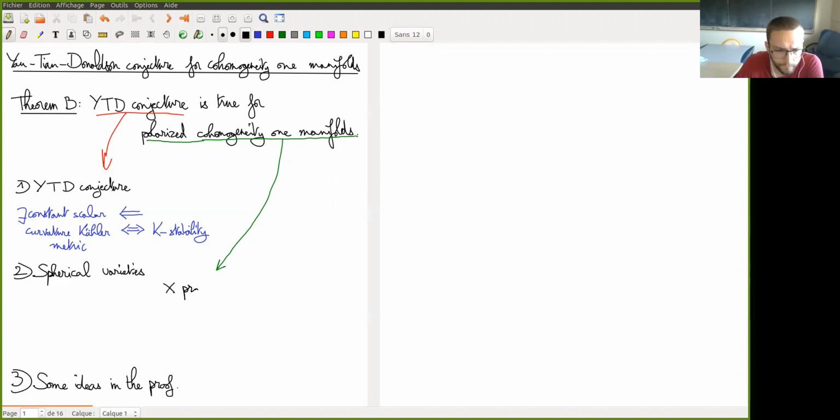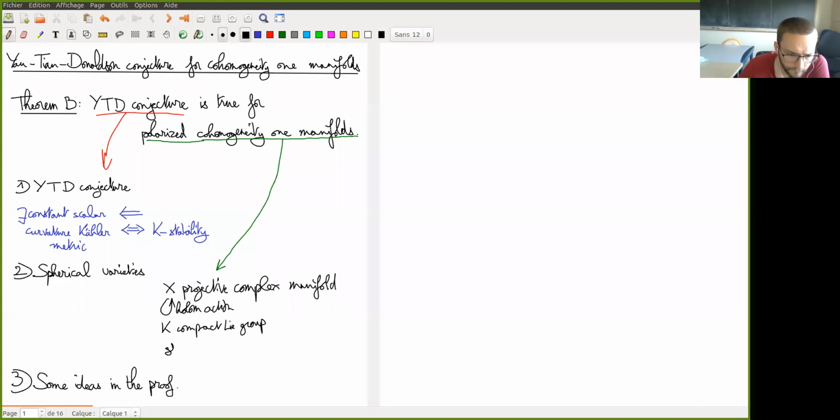I consider a projective complex manifold, which is sort of contained in the polarized manifold part, and consider this to be equipped with a holomorphic action of a compact Lie group such that there's at least a real codimension-one orbit.